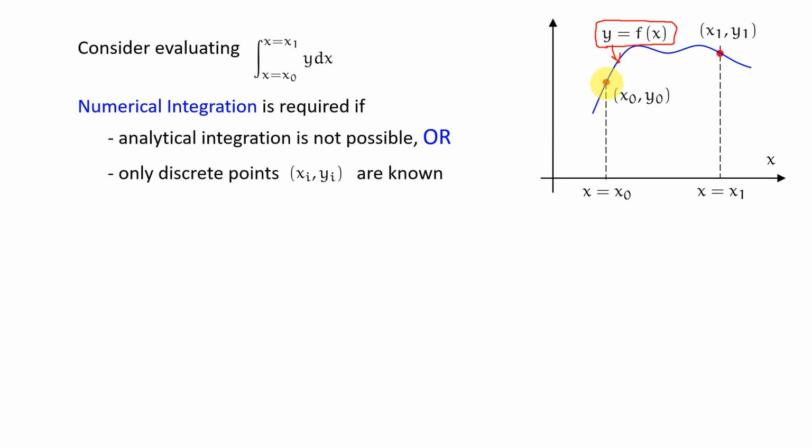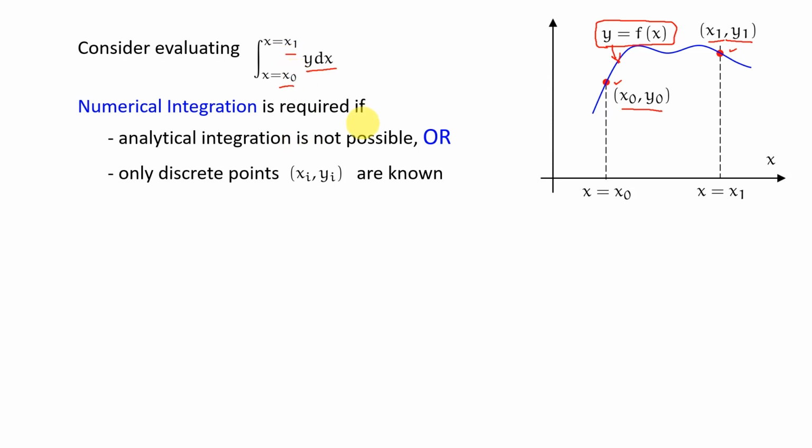And then I have 2 points over this function, x0, y0 and x1, y1, which are these red dots here. We are interested in evaluating the integral of y dx between x0 and x1.